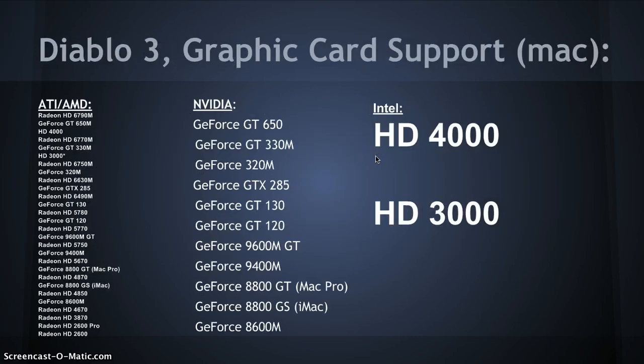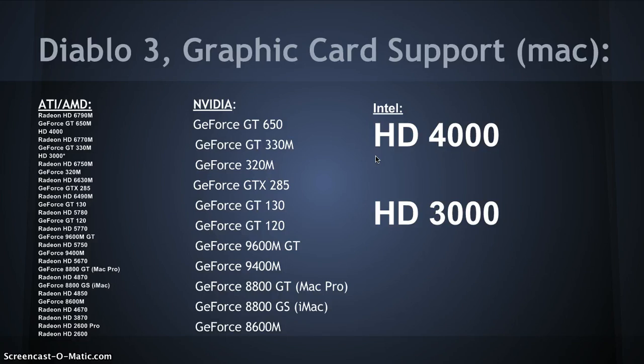For Diablo 3, these are the graphic card supports, as it is important for gaming software to have these kinds of graphic and video card supports. For ATI and AMD, Radeon HD 4000, Radeon HD 6770M, and so on. And for a Mac Pro, GeForce 8800 GT would also work.